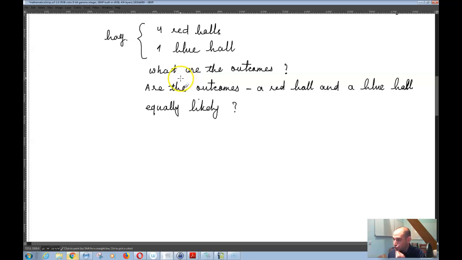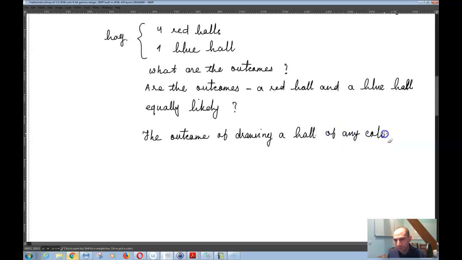However, the outcome of drawing a ball of any color from the bag is equally likely.